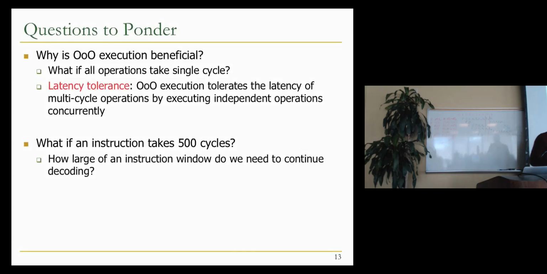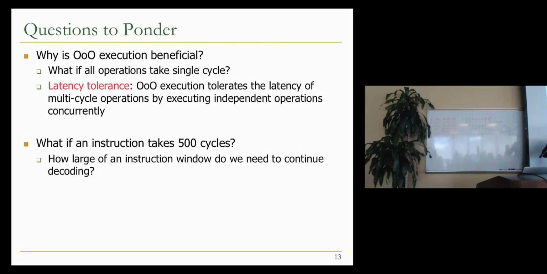Doesn't it depend though on what the minimum cycle time for an instruction is? Because if 500 happens to be the minimum, it doesn't really matter. What do you mean minimum? So let's say the minimum cycle count for an instruction is 250, and you can only fill that with 2 instructions, right? I didn't get it. So this is the number of cycles it takes to execute, let's say, a load.